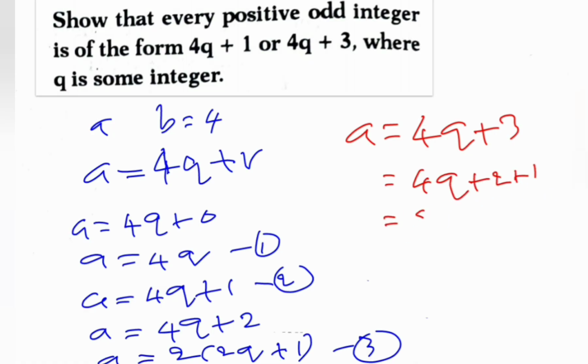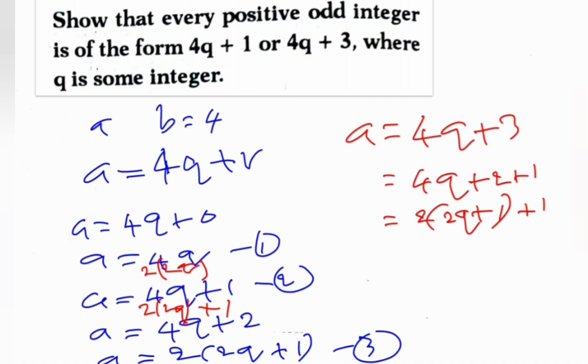So take common for this, 2 into 2q plus 1, plus 1. So now this is the fourth one, and the first one is 2 into 2q. Also we can write the first equation 4q means 2 into 2q. The second one is 4q plus 1, that is 2 into 2q plus 1.